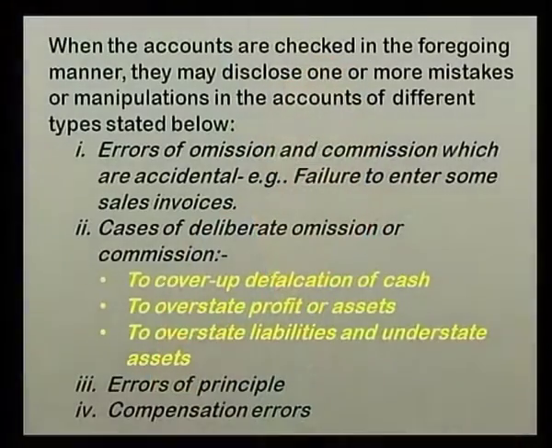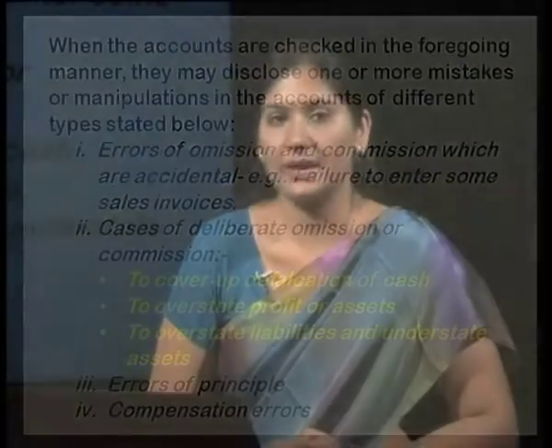The second one, which is overstating the profit or assets, can be done if there are sales which do not pertain to the accounting year and are recognized in this year, and there is no cut-off procedure followed by the entity. In such a case, the profit with regard to the sales which do not pertain to the year shall also be included, which will inflate the P&L account and also affect the financial statements.